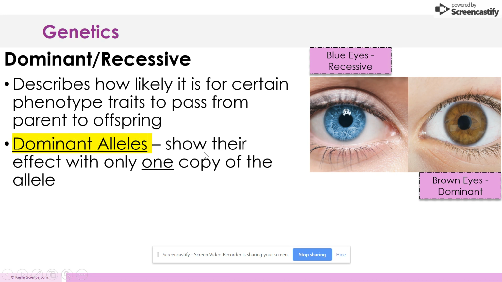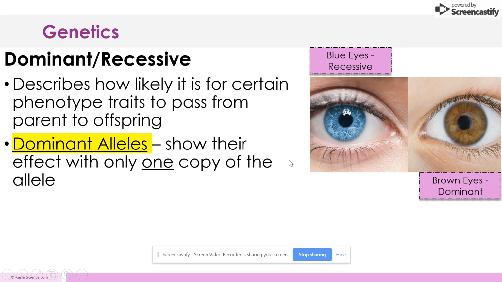And dominant alleles show their effect with only one copy of the allele. I think we talked about this when we talked about Mendel, is dominant alleles, they dominate, right? They take over. So if the dominant allele, the big bully allele, is present, then that's going to be the one that is shown.